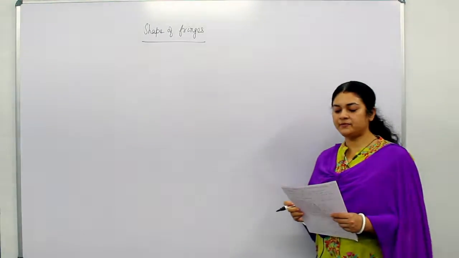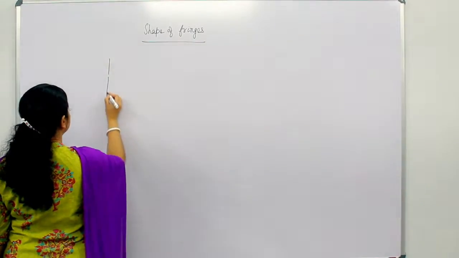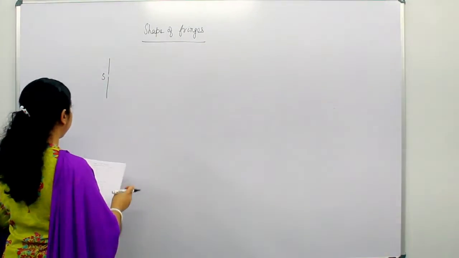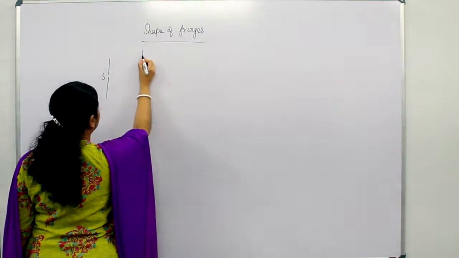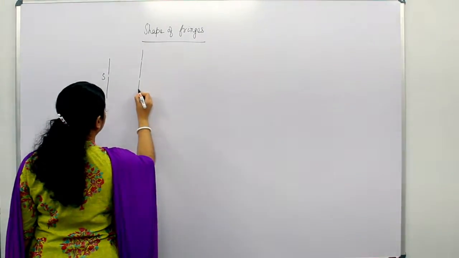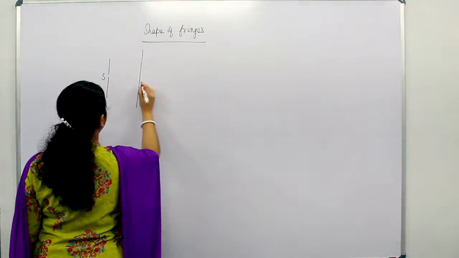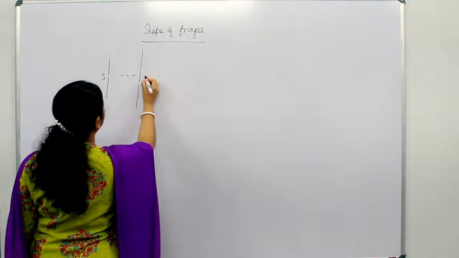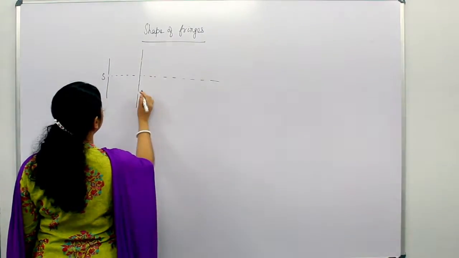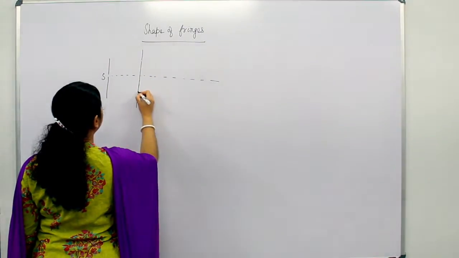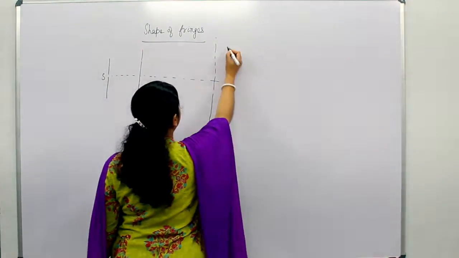Now we will study the shape of the fringes. For this we will consider the same kind of drawing: this is the source of light, a monochromatic source of light. The screen is placed here.